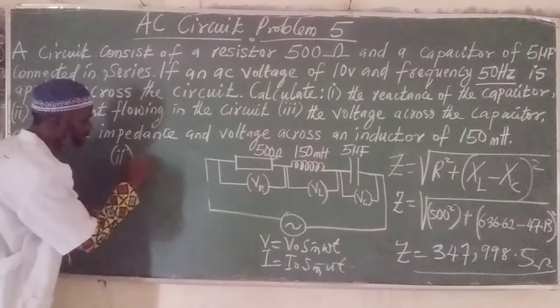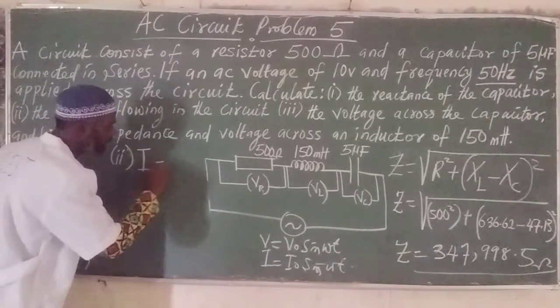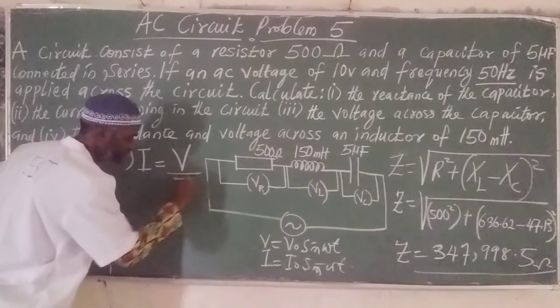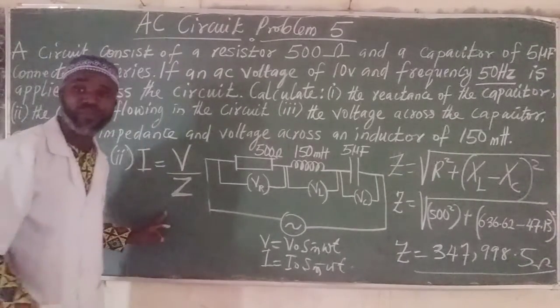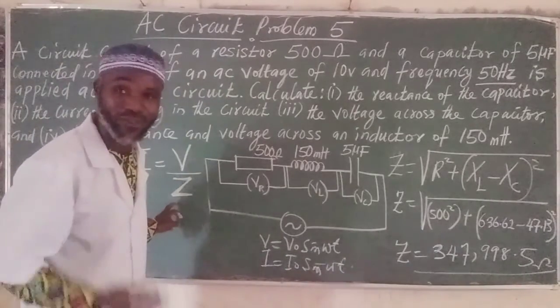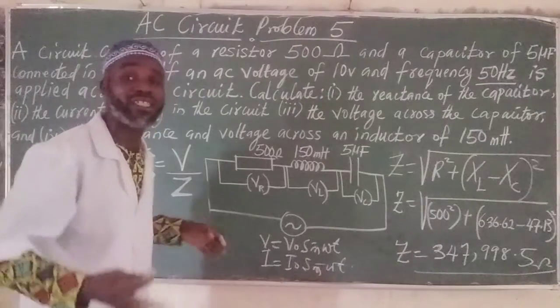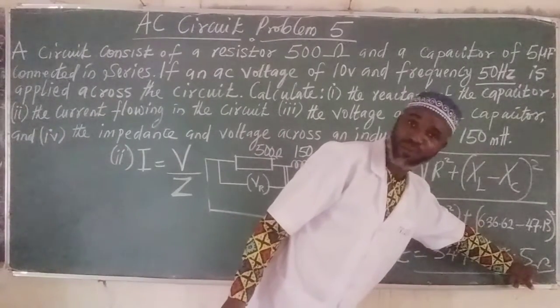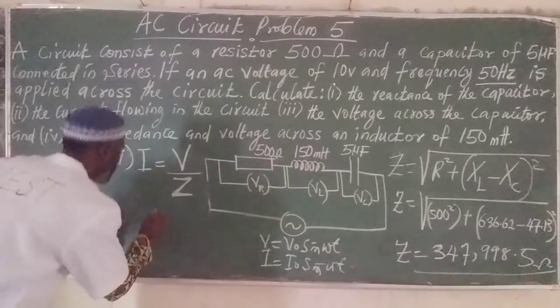Something interesting is that the current flowing in the circuit can only be calculated by using Ohm's law. This time, the impedance is taking the place of resistance according to Ohm's law, because the impedance also is measured in ohms. It's very simple. So we substitute.